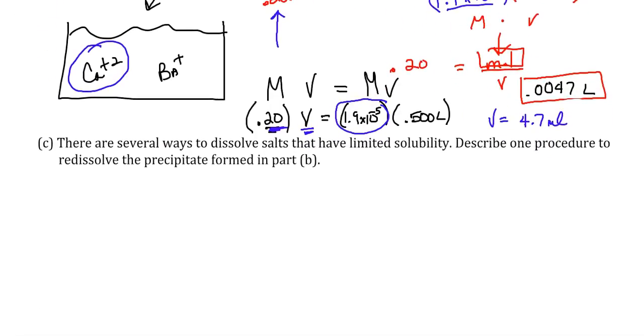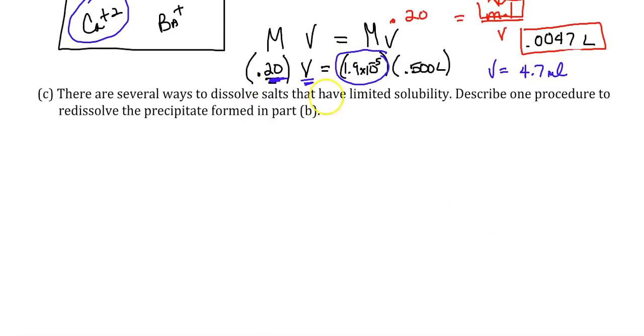So don't get crazy. Last little piece, there are several ways to dissolve salts that have limited solubility. Well, we know when we measure salts that have KSPs, they always have limited solubility. So describe one procedure to redissolve the precipitate.